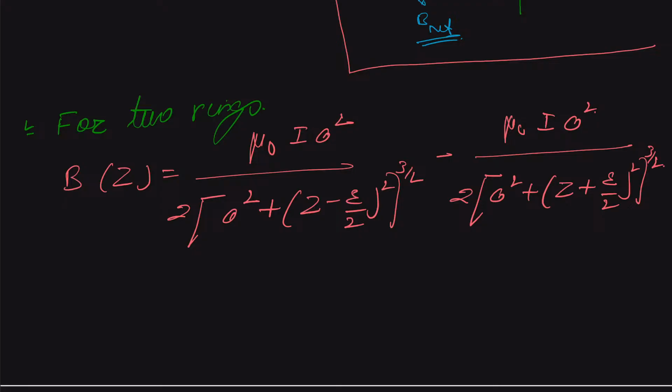Okay. So it means the field is 0 when z is equal to 0.